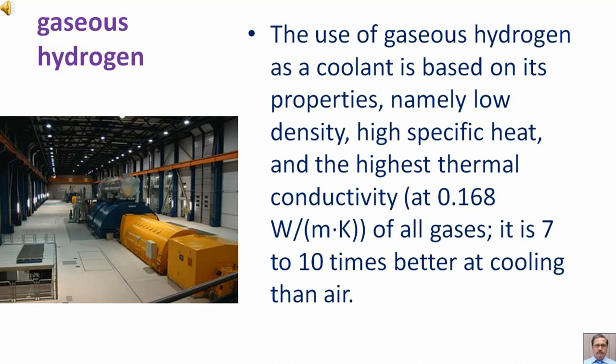The use of gaseous hydrogen as a coolant is based on its properties, namely low density, high specific heat and the highest thermal conductivity of all gases. It is 7 to 10 times better at cooling than air.